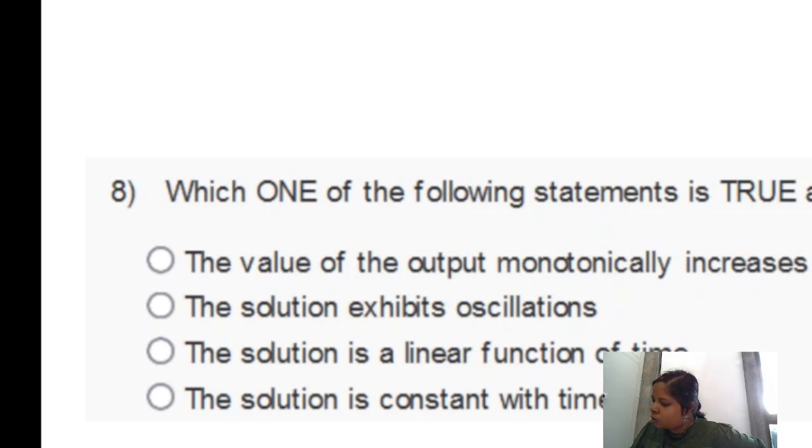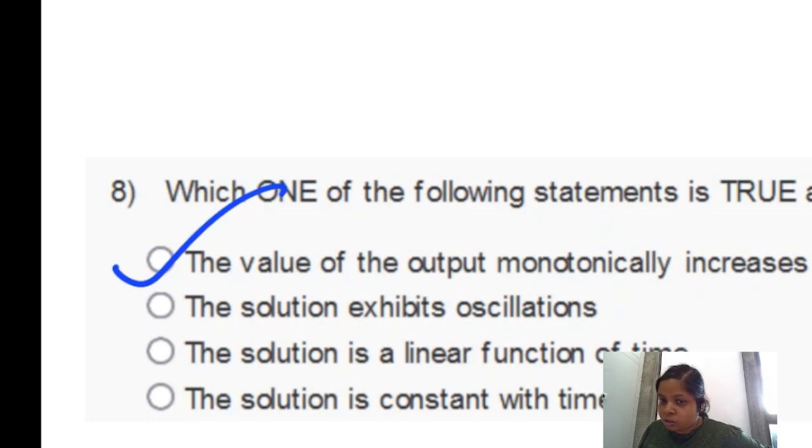So you really go from 0 to 1 as the solution. So it is monotonically increasing. Just to be safe, take some safety measures. You can check at some other points also. Don't check just at t equal to 0 and infinity, rather take some middle points also, and then you can get the answer. So the first option is the answer.